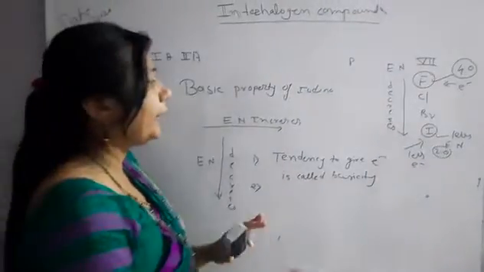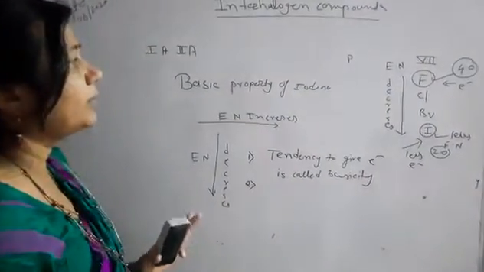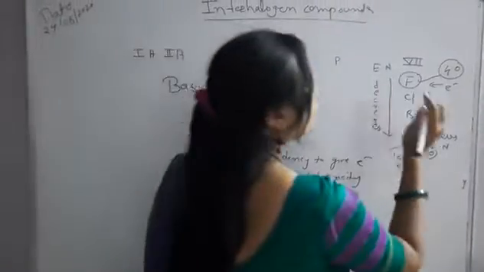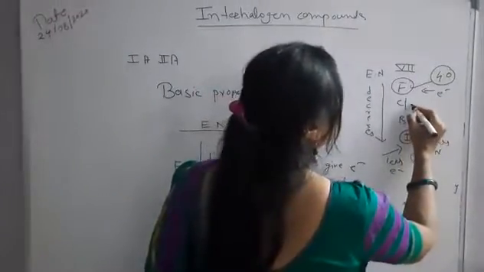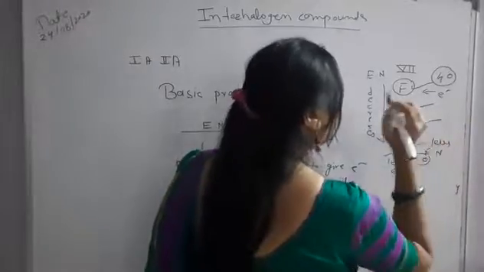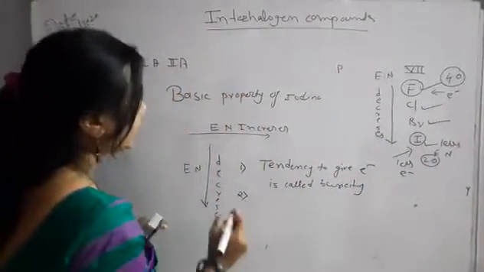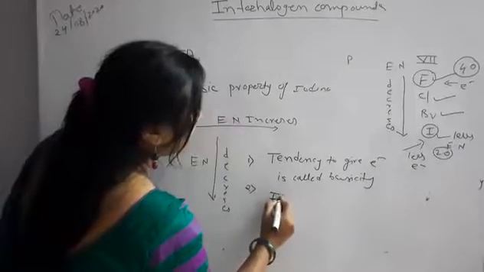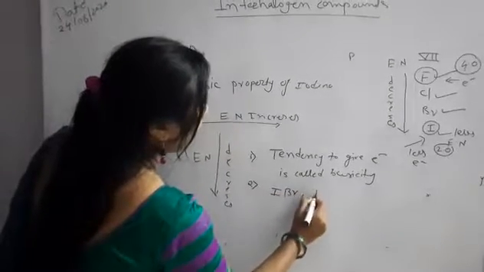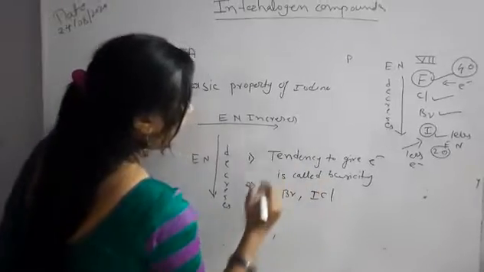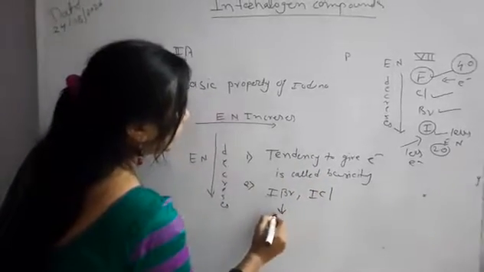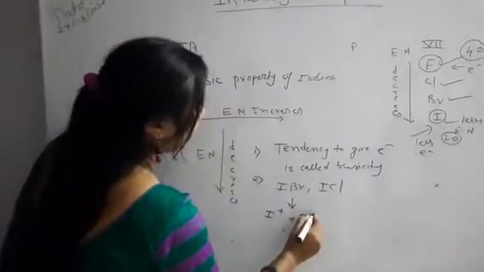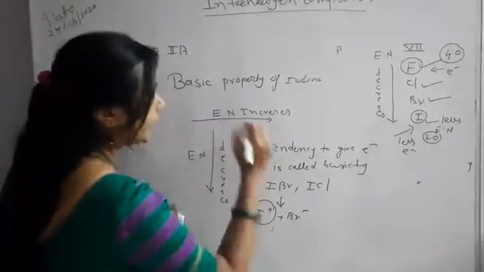Fluorine and iodine could easily form a bond because of the electronegativity difference, but generally chlorine and bromine form bonds with iodine. So we get monohalogen compounds like IBr and ICl. When it ionizes, we get I plus Br minus.